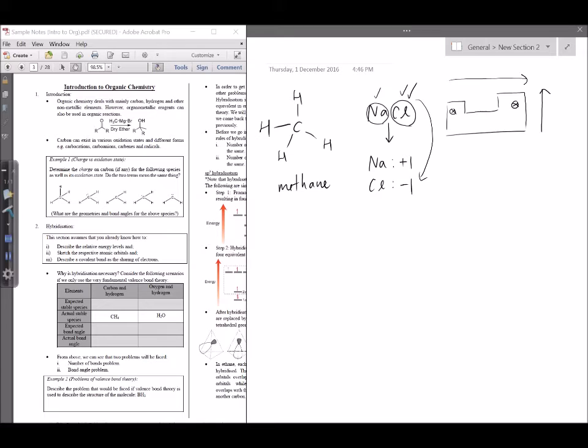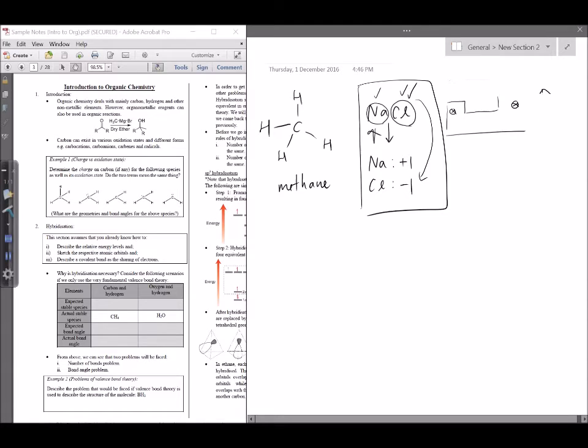Well, you should recall that electronegativity is defined as the ability of the nuclei to attract electrons towards itself. So it makes sense to think that the higher the electronegativity, the more likely it's going to attract electrons, so the more negative it can get compared to a less electronegative element like sodium, right? So that is the basis of deducing your oxidation states from electronegativity values, right?